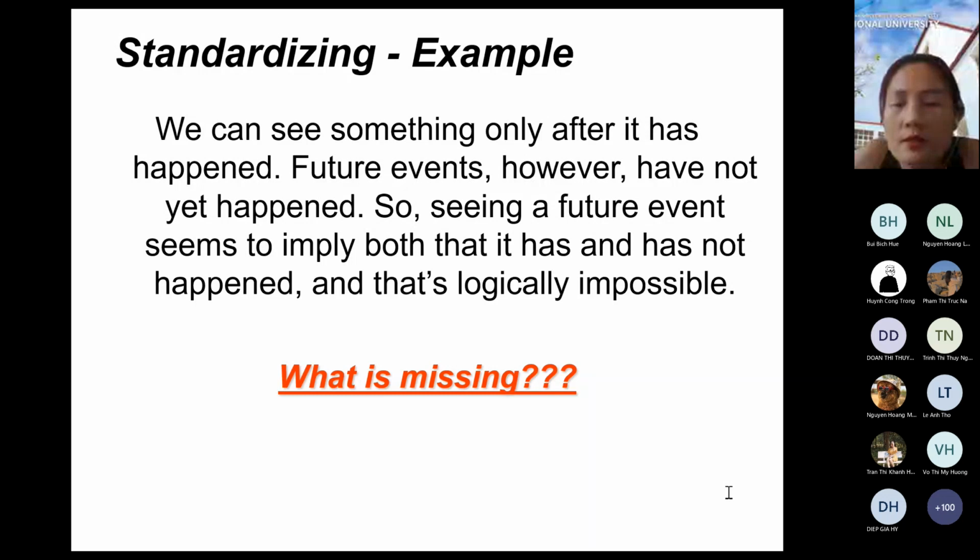Yeah, any answers? Only one answer from Tuan about that. The other friends, how about you? And Công Trọng said the missing part is logically.